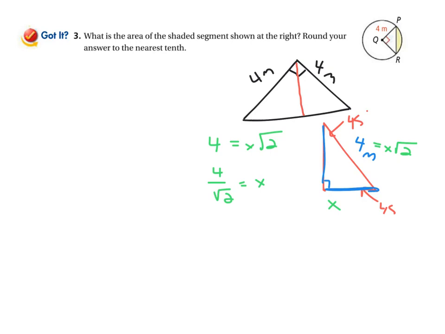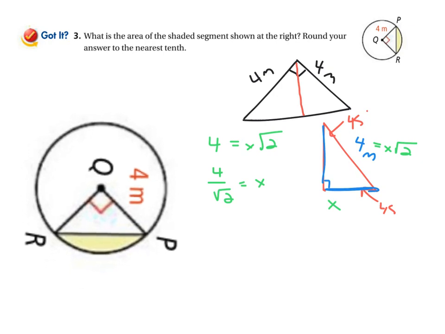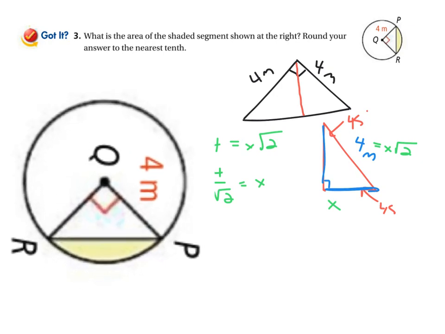That means then the whole base of that triangle all the way across is going to be twice that amount, or 8 divided by root 2. So I'm actually going to take a screen grab of this, drag it over here and blow it up and rotate it so we can see what we're looking at.